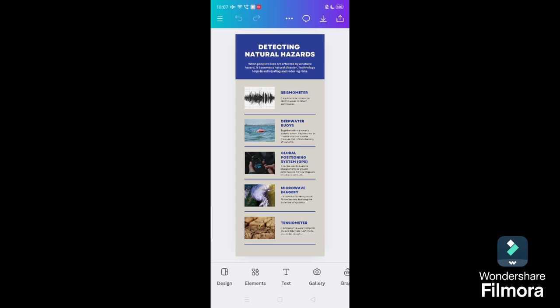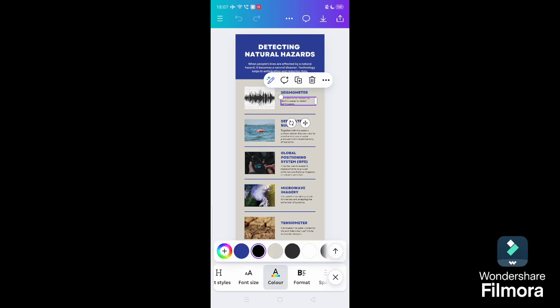Technology helps in anticipating and reducing risks, which comes under the seismometer, as you can see in the first one. This is your seismometer, a device for measuring seismic waves to detect earthquakes. We can change the color, and we can even write it in blue, or in red so that it can be highlighted.